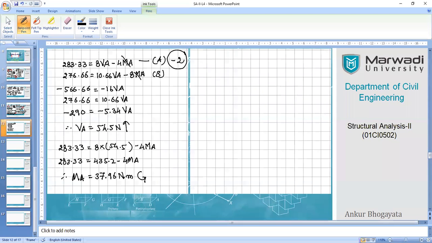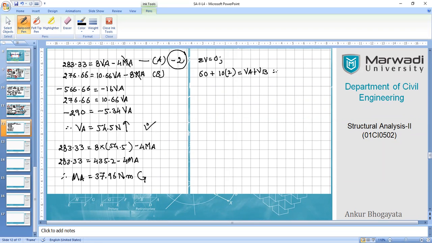Now how to get the reaction at the other end? Since you have one reaction with you, can I apply sigma V equals to 0? So if I have 60 Newton downward plus 10 into 2 as another downward force, equals to VA plus VB.